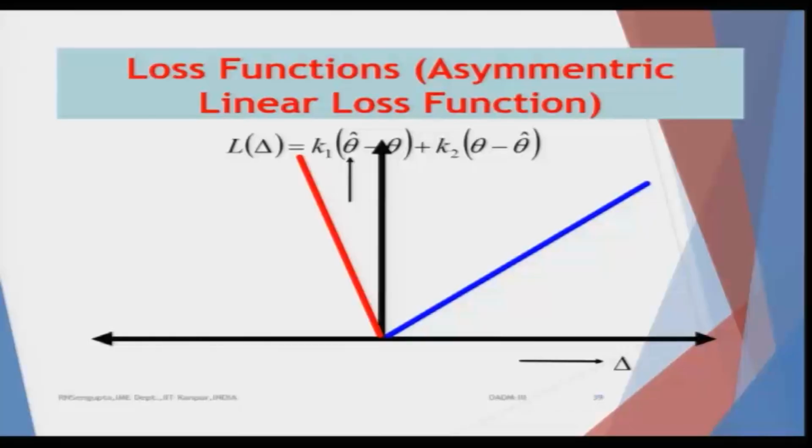So, in the first instance we consider that the value of k 1 is greater than k 2, hence the overall loss, or the gain, let us put it that way, on the right hand side. Generally there would be a loss because there is a difference between the estimated value and the actual value.